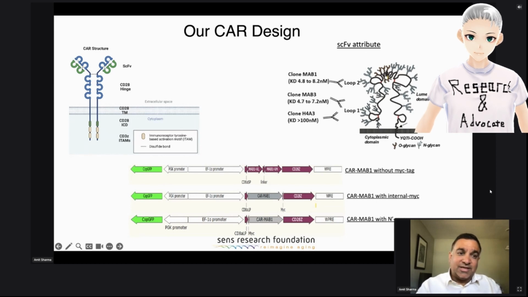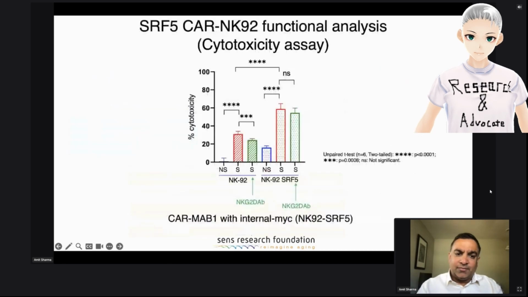The idea here is that if this CAR recognizes the target, in this case SRF5, we are giving NK cells another way to kill senescent cells. So we've designed different CARs based on different antibodies that recognize different domains of this protein, and I'm showing data with one of those constructs.